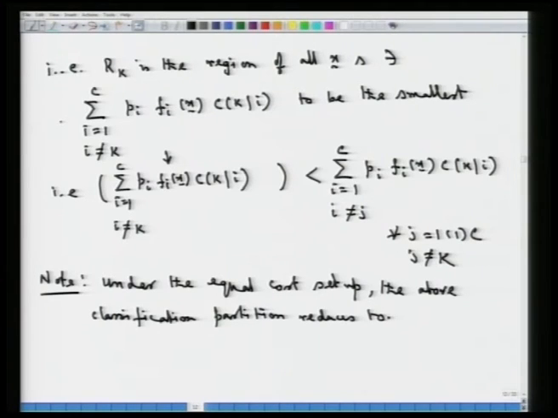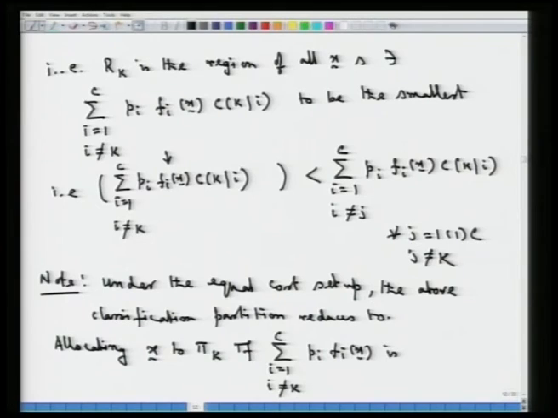So, this can be taken outside. So, if we have got the equal cost setup, this partition here is going to be reduced to allocating x to pi_k if we have the summation i equal to 1 to c, i not equal to k, of pi_i f_i(x) to be the smallest among all such c summations for which we will be having this i not equal to that particular chosen index there.